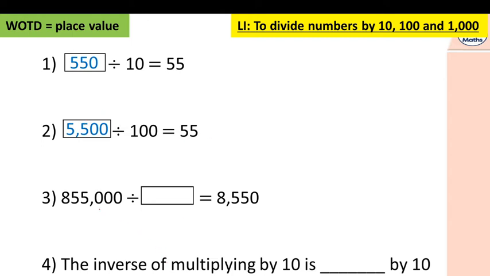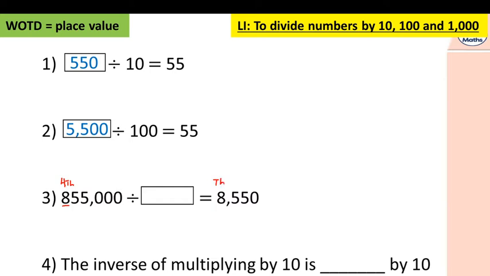My next question is 855,000 divided by what is 8,550? So we could have a look at the 8 here because that's the only unique digit. Here it's in the hundred thousands column, but here it's only in the thousands column.